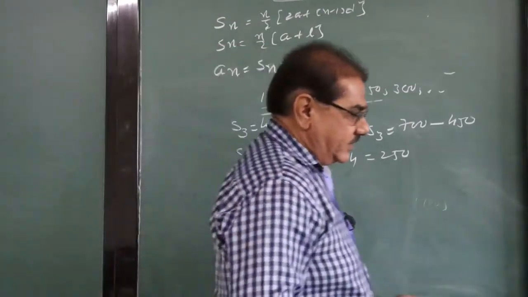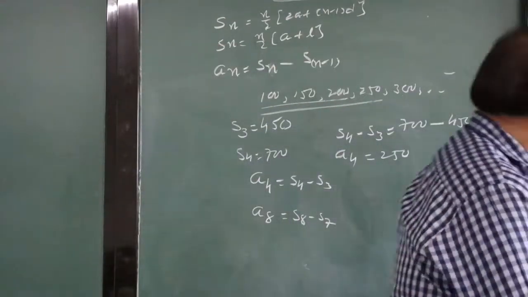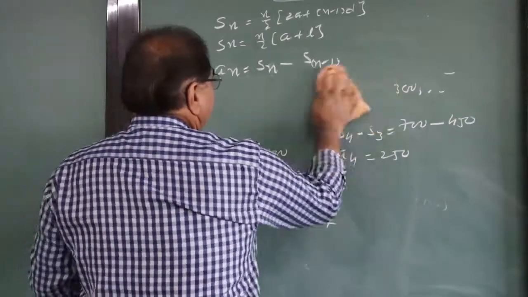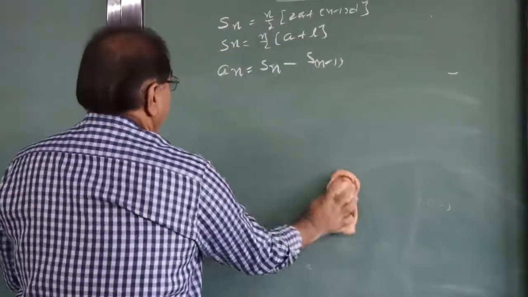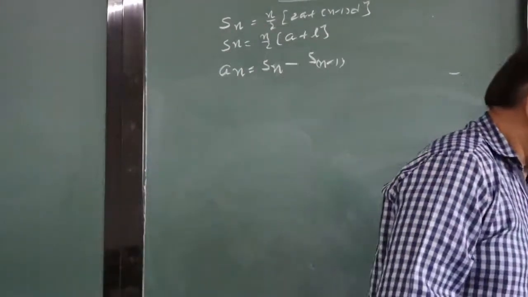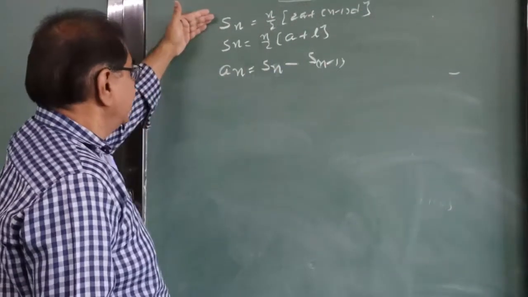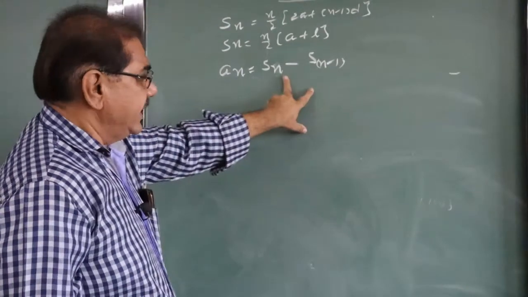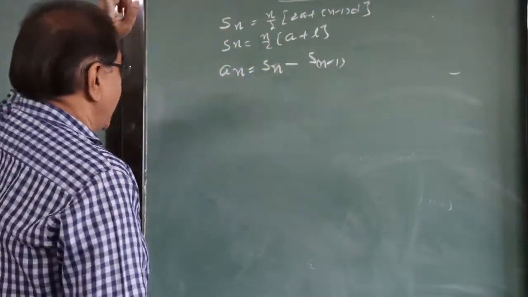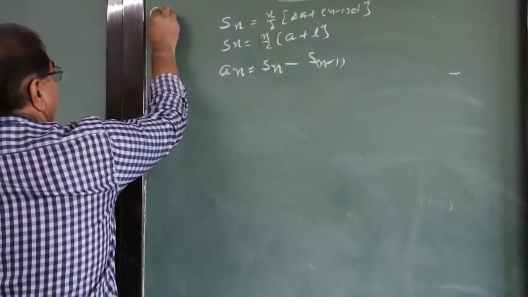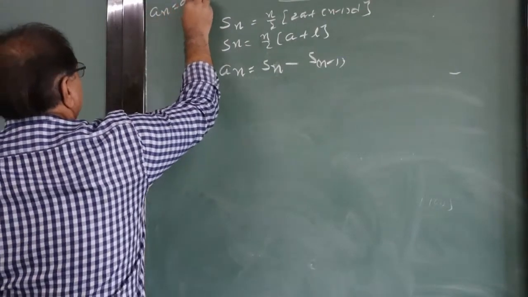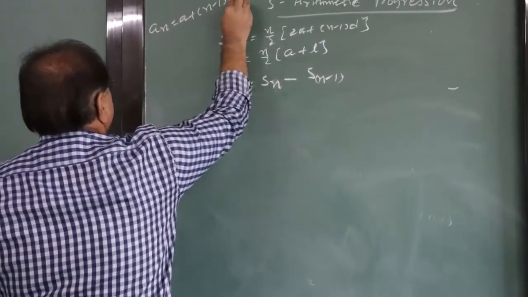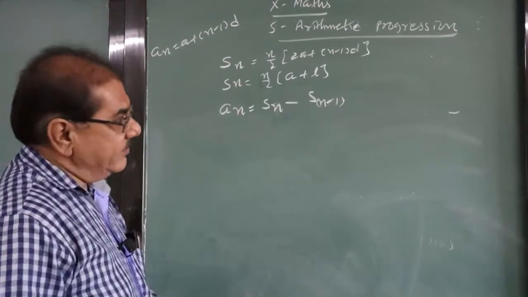So this is also one of the important formulas. Now we have three formulas: two ways for Sn, the formula for An in the form of Sn and Sn minus 1, and one very original formula, an is equal to a plus n minus 1 into d. So these four formulae we have.